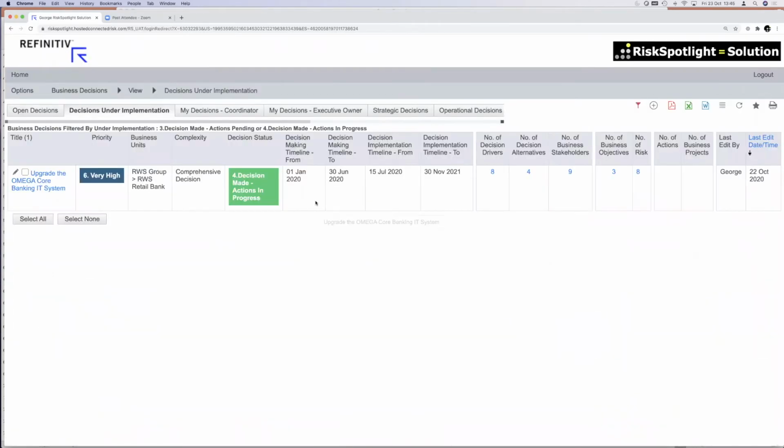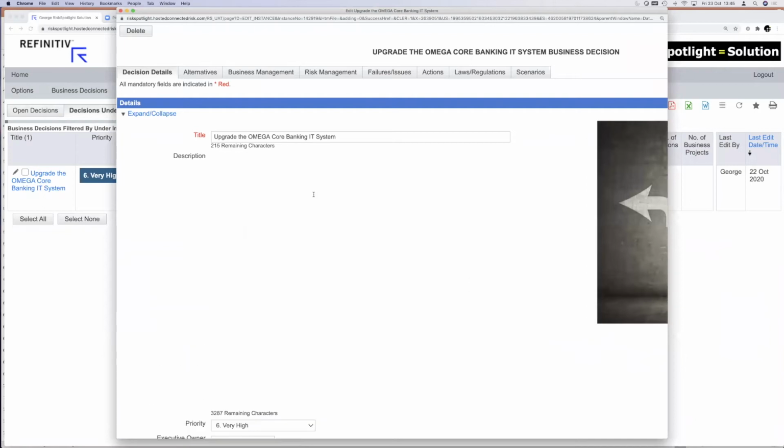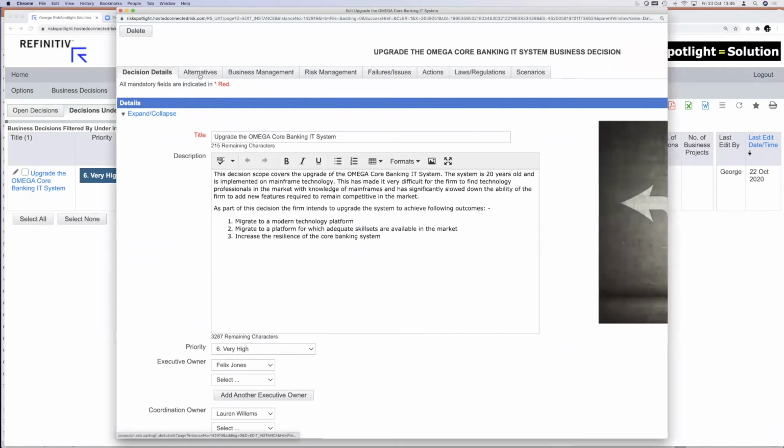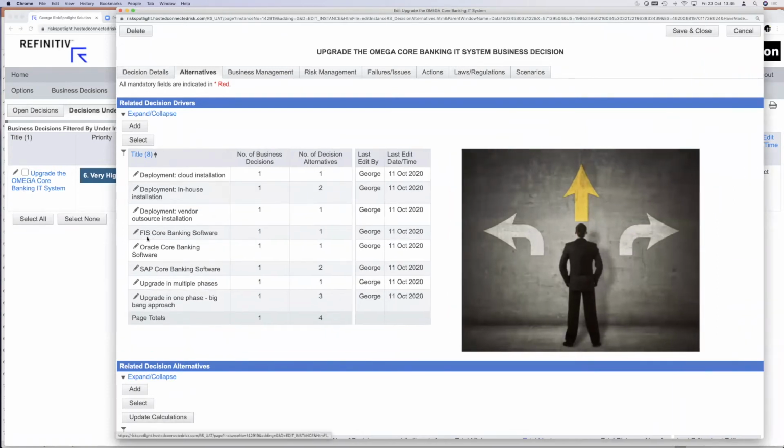So in this case, because this is a very important first line activity, we had to build functionality to support that decision making. If I open this decision of upgrading the system, and go to the alternatives, as part of this decision-making process, what you're thinking is, what are the different drivers we need to consider? In this case, the driver is that we could do a cloud installation of our core banking system, or we could keep it in-house, or we could just outsource the whole thing to a vendor.